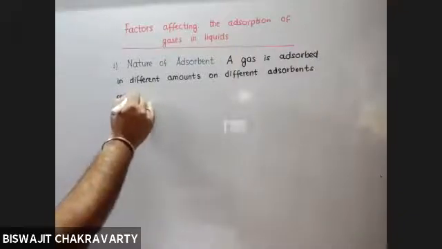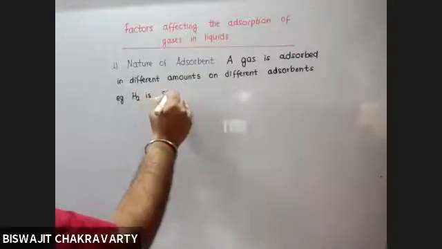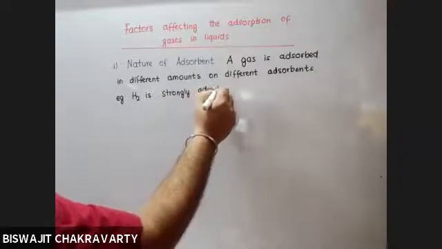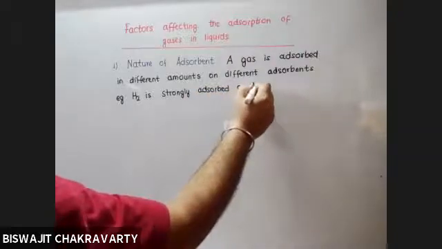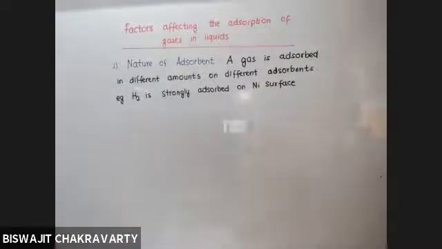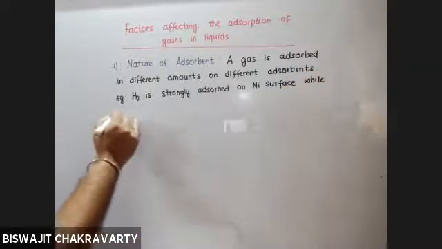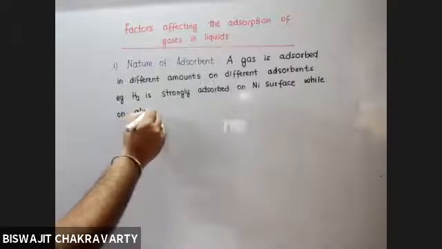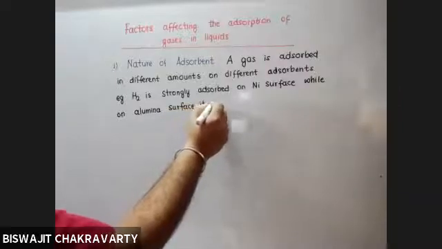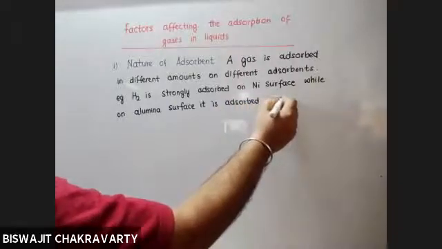As for example, H2 gas is strongly adsorbed on nickel surface, while on alumina surface it is adsorbed weakly.